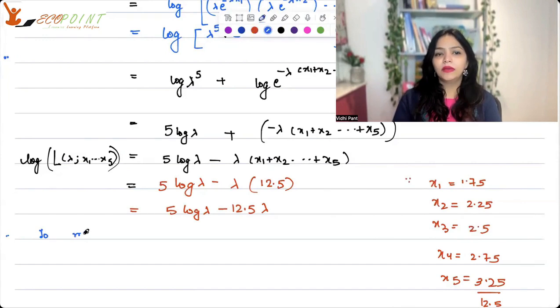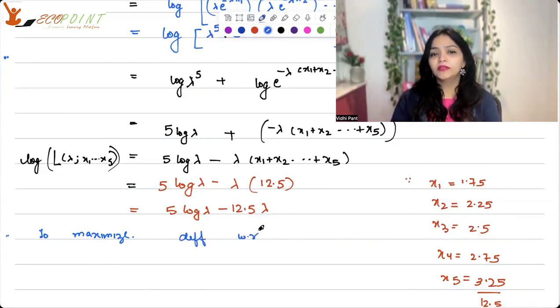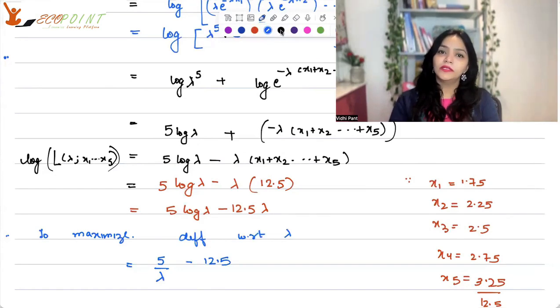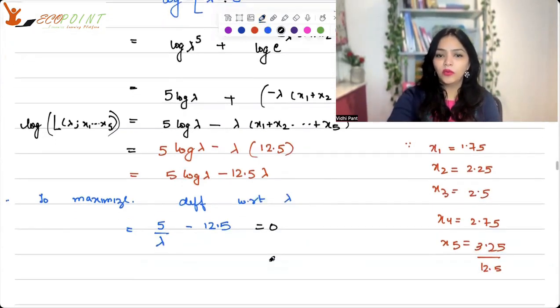Now to maximize, I need to differentiate this with respect to lambda. When you differentiate with respect to lambda, you get 5 upon lambda minus 12.5. The first order condition is to equate it to 0 in order to get the point.